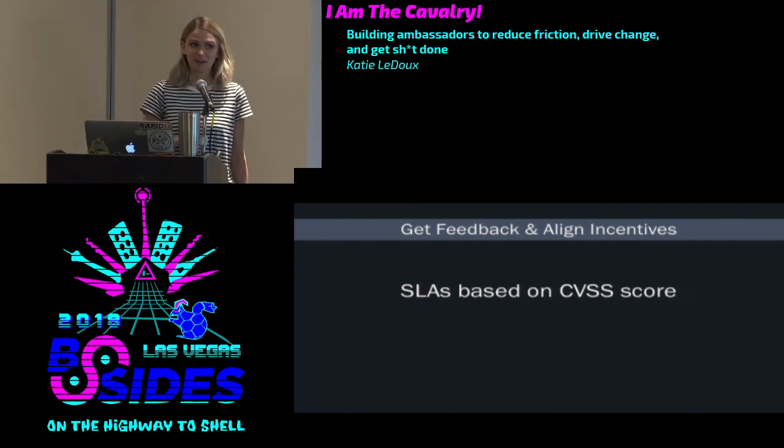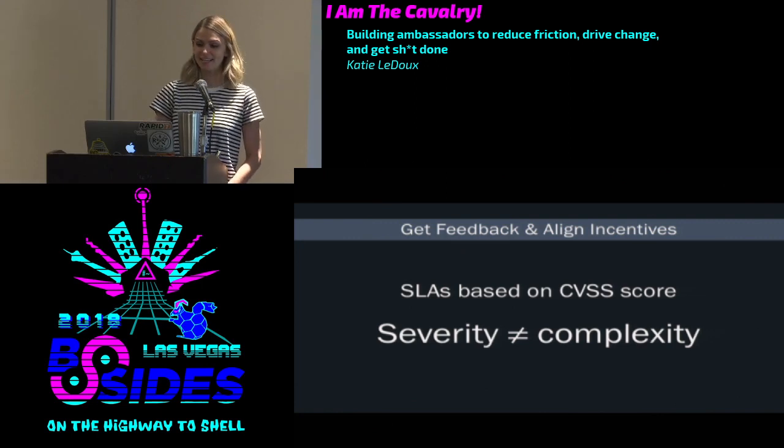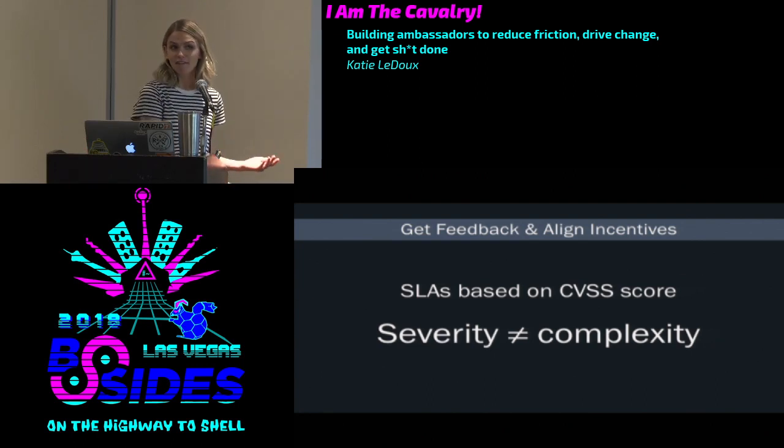The engineers were very quick to point out a complexity that I had not thought of, and that is that the severity of the vulnerability that has been discovered and reported often doesn't have anything to do with the amount of complexity and work required to fix it.